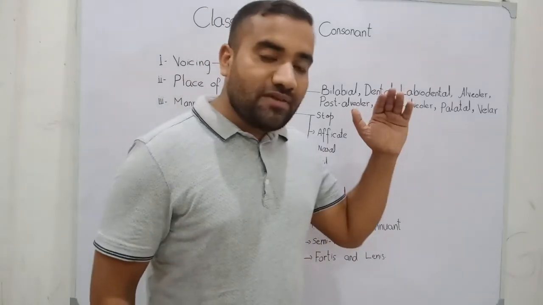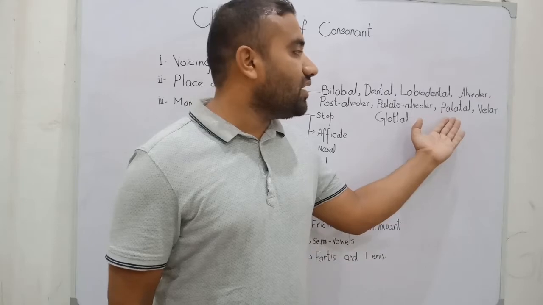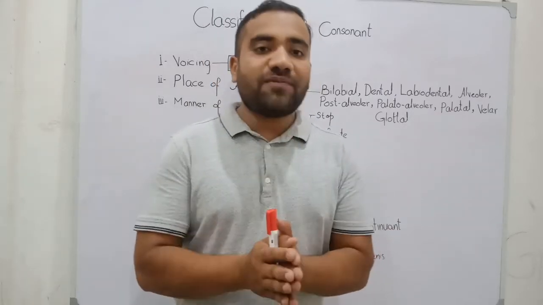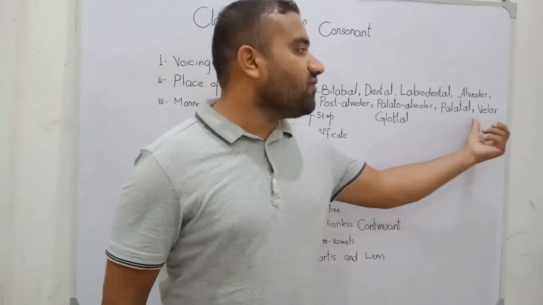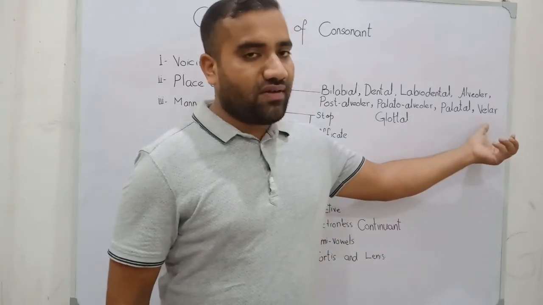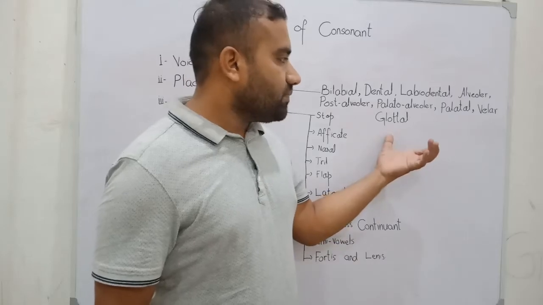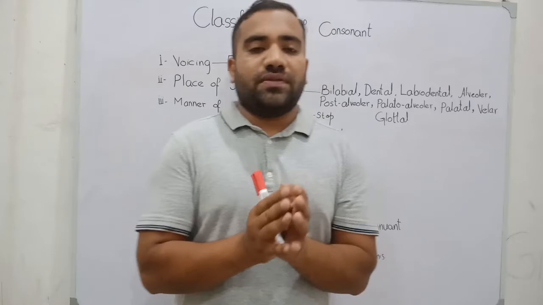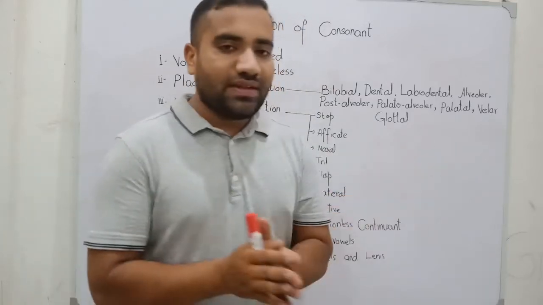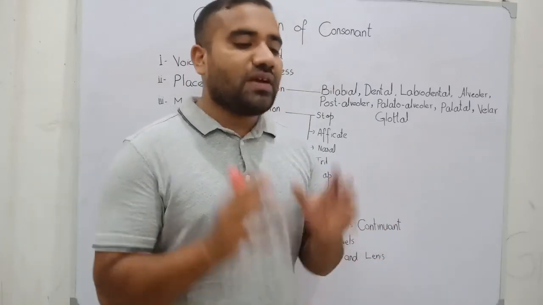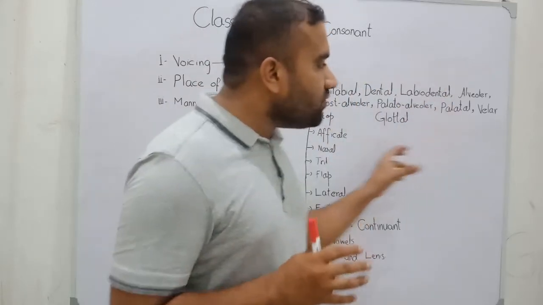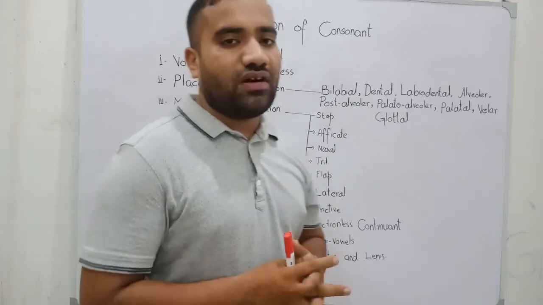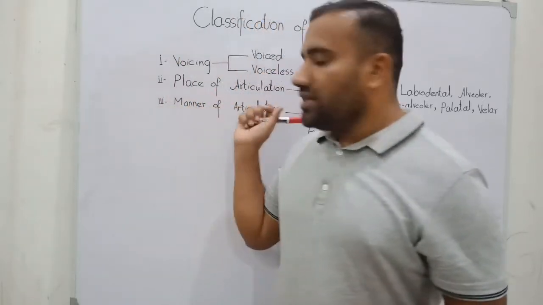When your tongue touches the palate, this is called palatal. When part of your tongue is raised and touches the velum, this is called the velar place of articulation. And when your articulation position is the glottis, this is called the glottal position. When your sound is controlled at these places, this is called the place of articulation.